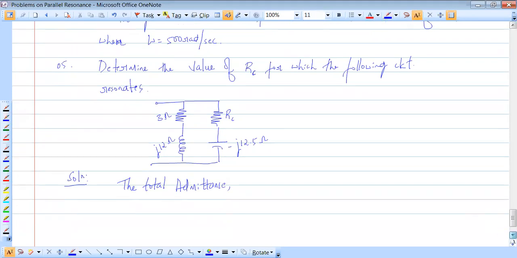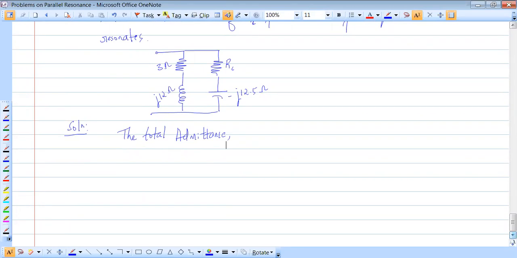Fine. So what would it look like? Y is given by YL plus YC. YL is 1 by 3 plus j12.